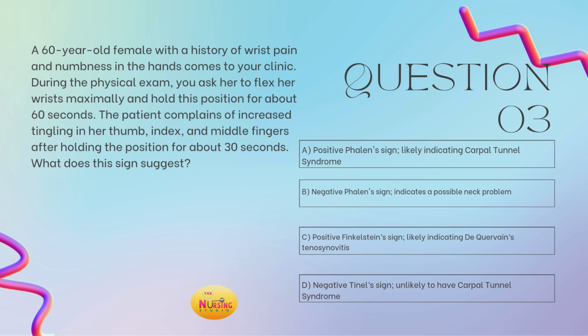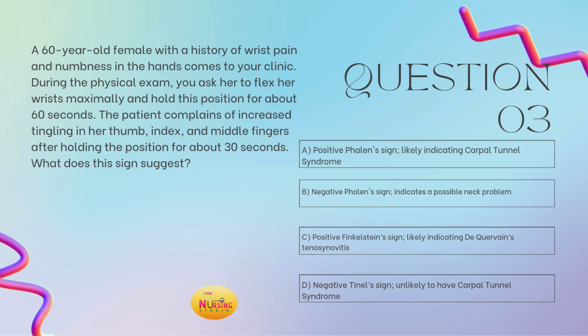She's complaining of increased tingling in her thumb, index finger, and middle fingers, again making you think carpal tunnel, right? And it is positive because when she's holding this position, she is having pain, numbness, and tingling, right? All positive indicators. So your best answer is a positive Phelan sign, likely indicating carpal tunnel syndrome, right?